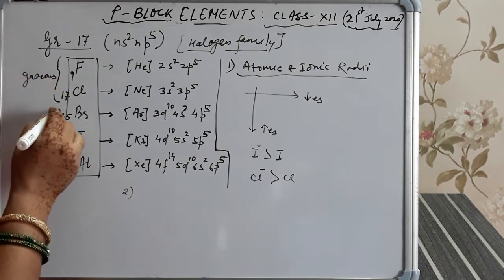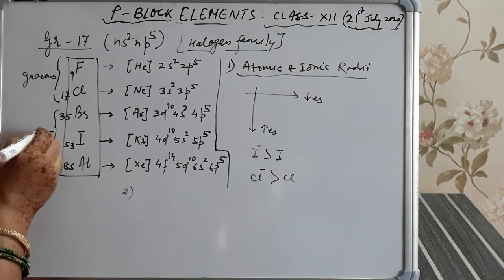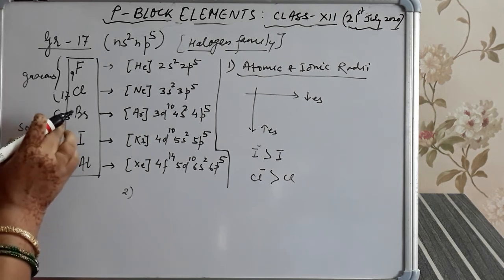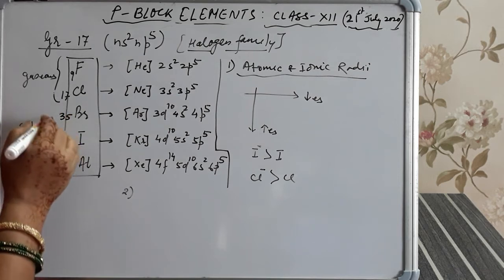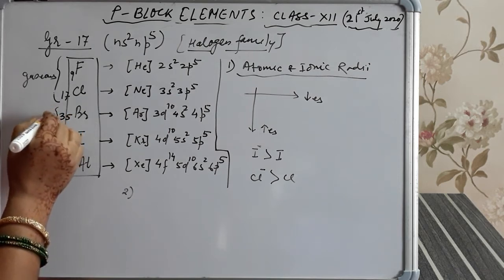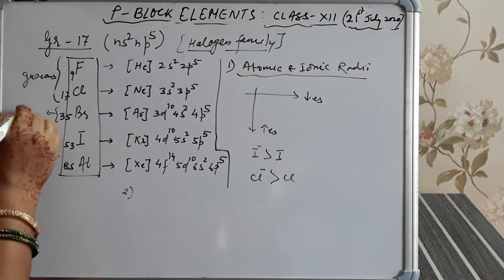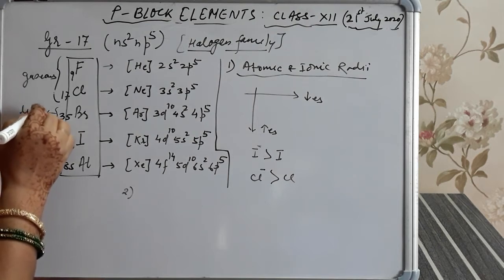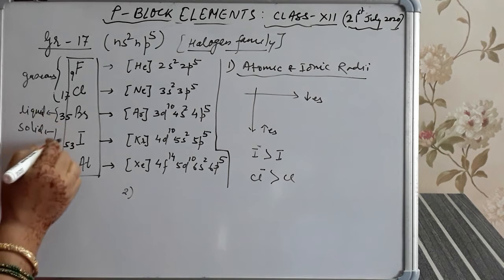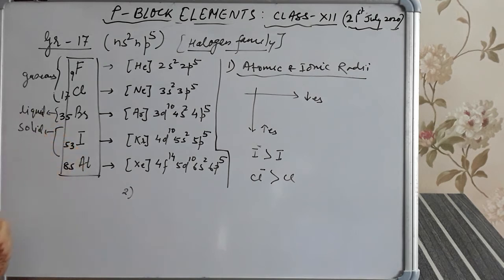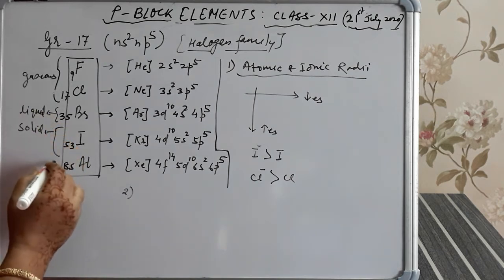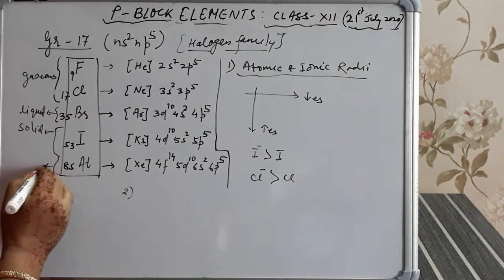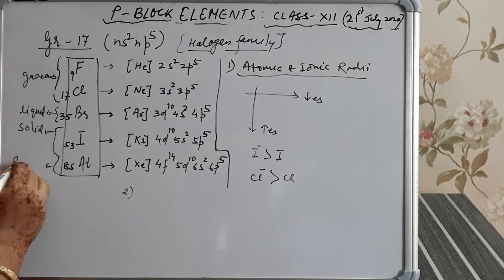Bromine is in the liquid form, and iodine and astatine are in the solid state, but astatine is radioactive in nature.